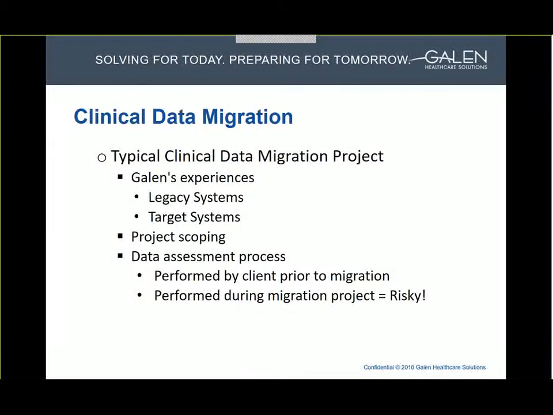Waiting this long to fully assess the legacy data can be risky. If additional effort is required to remedy or resolve any negative findings from those assessments, then the project may be at risk of not completing on schedule, or the success and quality of the data migration may be compromised. So it is important to perform a thorough assessment prior to kicking off the data migration project, and ideally prior to scoping the project.